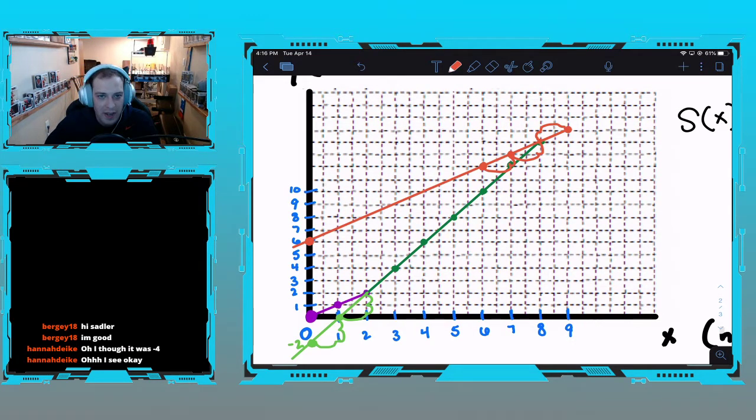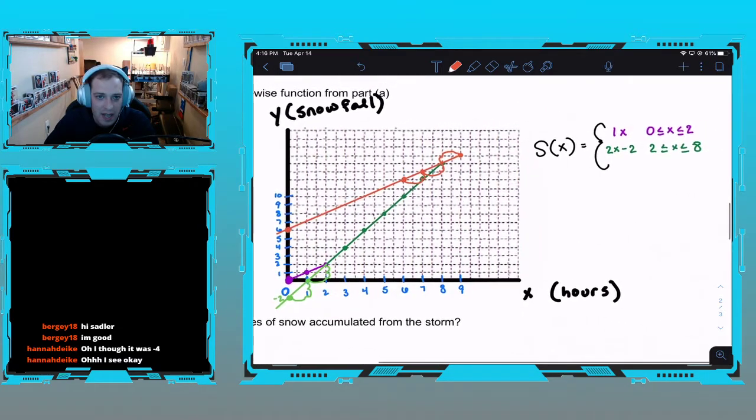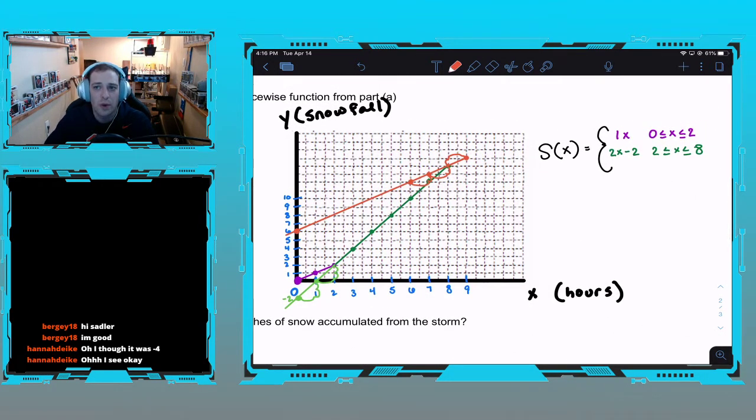Well, now that I know it hits at that 6, I now can find the slope and y-intercept for the orange line. We know that the slope was 1x again, and it looks like it's crossing the y-axis at positive 6. And as far as this piece, it started at the number 8, and it only went up to 9 because the snowstorm only lasted 9 hours.